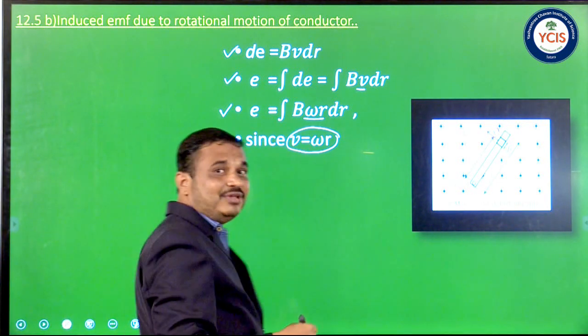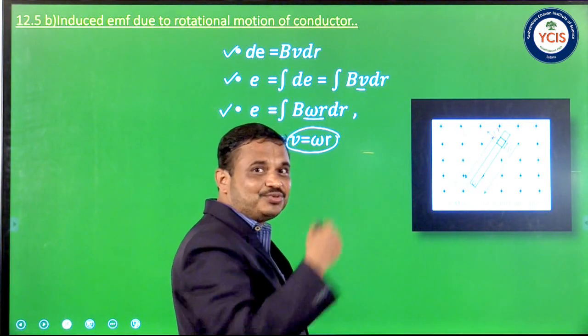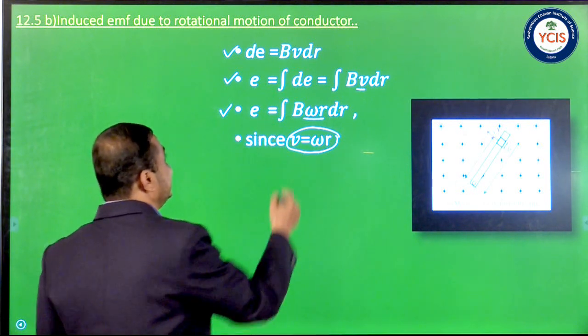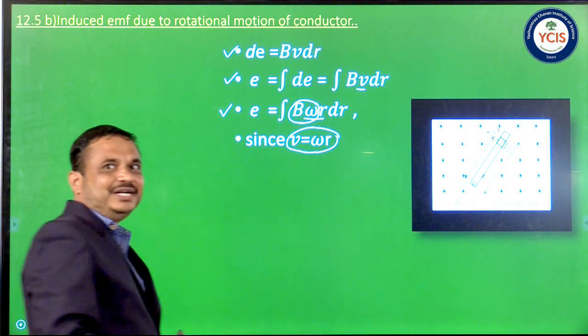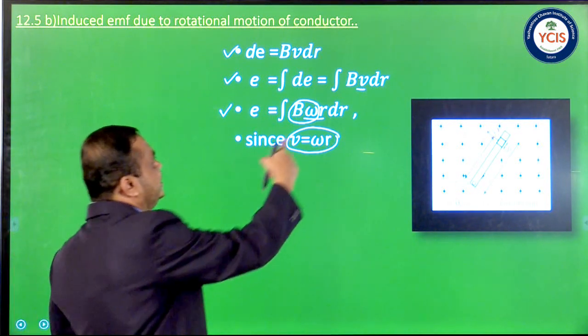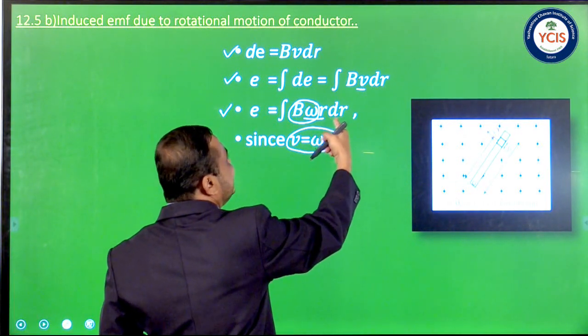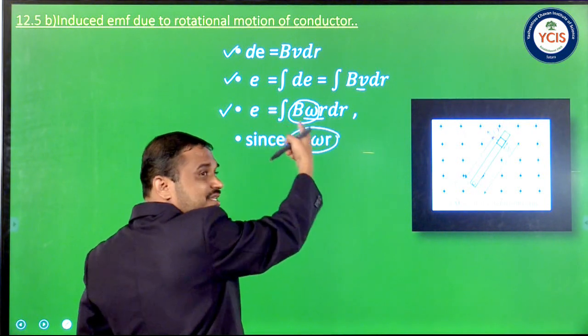Omega is the angular velocity; the conductor rotates with a uniform angular velocity. So B and omega both are constant. But r changes along this integration.